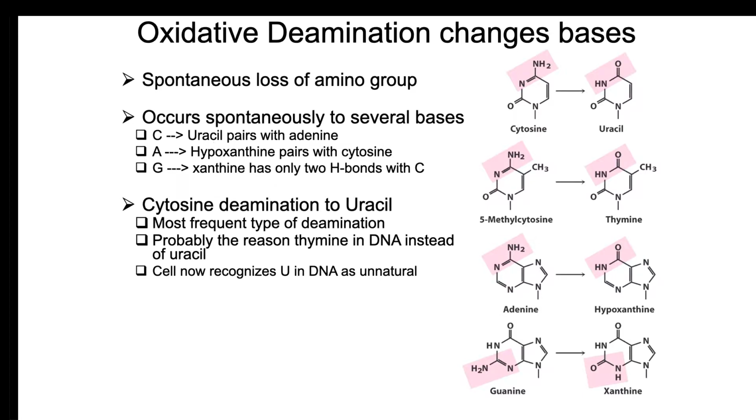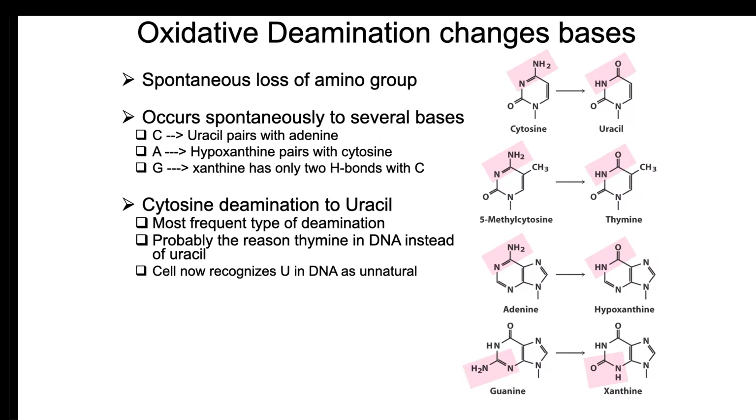And in fact, it's believed that it was RNA that evolved first, and then DNA evolved from RNA. So the hypothesis here is that the reason that DNA evolved thymine to replace uracil is because of this spontaneous mistake that can cause cytosine to become uracil.